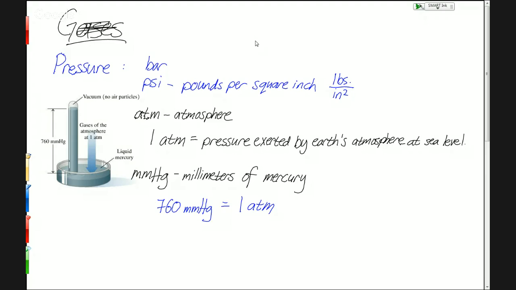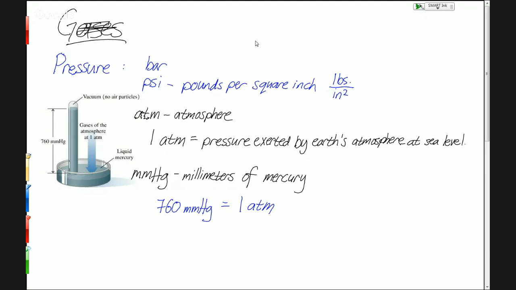So that's how much force the atmosphere can exert. It can exert enough force to push that up 760 millimeters, which is about, I don't know, that high or so, 3/4 of a meter. And that's where that unit comes from. So 1 millimeter of mercury is how much that mercury can get pushed up there.